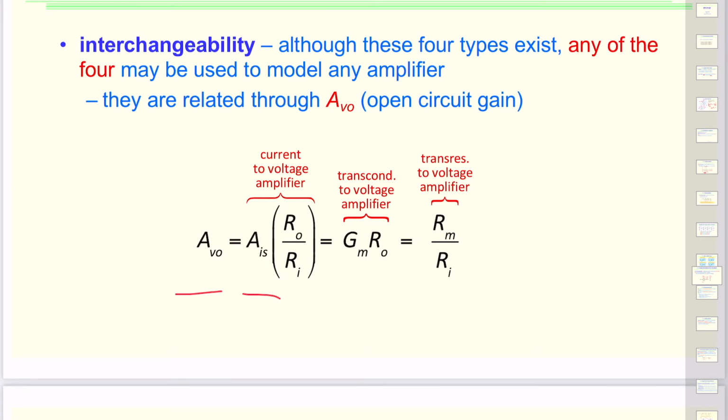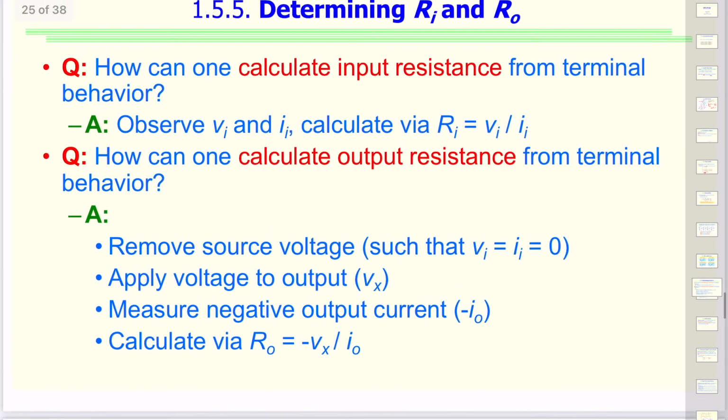Now, when we are working with the circuit, many times we have to determine input resistance and output resistance. So there are simple ways how it is done. We follow steps where we remove the source voltage and we apply voltage to the output, and we measure the negative output current, and that gives us the output resistance from there.